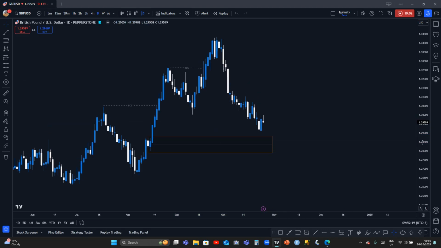Now, what I need to do on the daily time frame, because if you check on the monthly time frame, there is no opportunity. All right. Like I said before, price action will tell you the time frame where you have an opportunity to trade from.